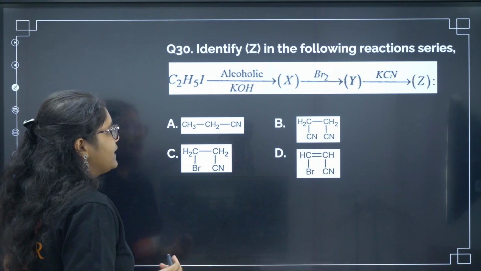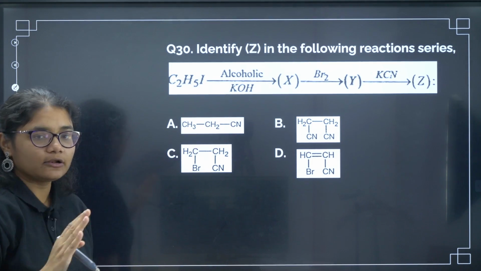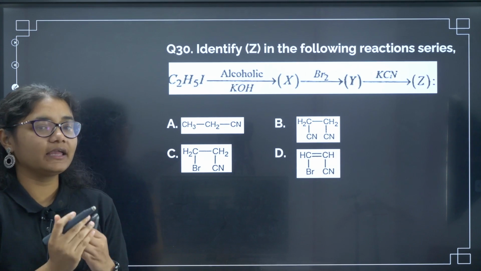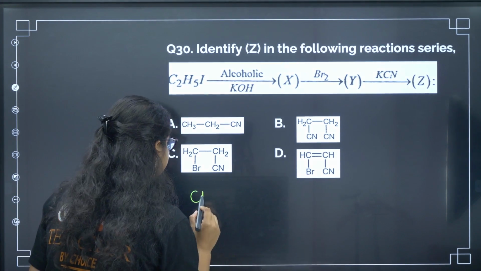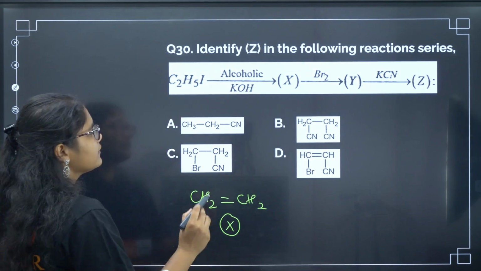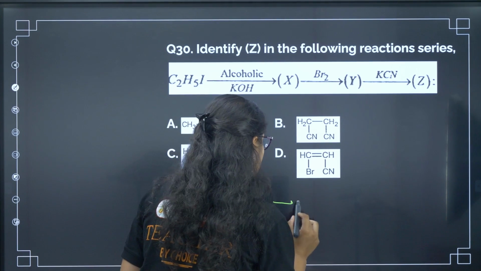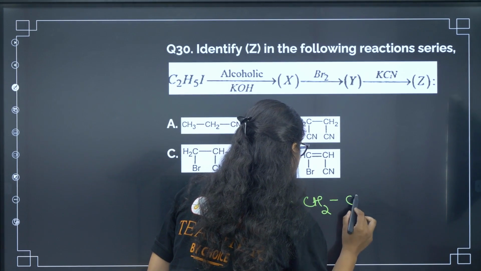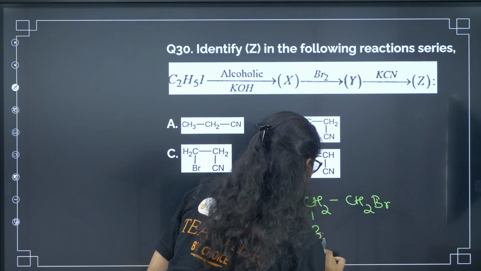Next. Identify Z in the following reaction series. First is alcoholic KOH. We know alcoholic KOH does elimination and we get unsaturated hydrocarbons as the product. So here I will get CH2=CH2, that is your X, right? Then when you treat it with bromine, there is addition of bromine, we will get CH2Br-CH2Br.